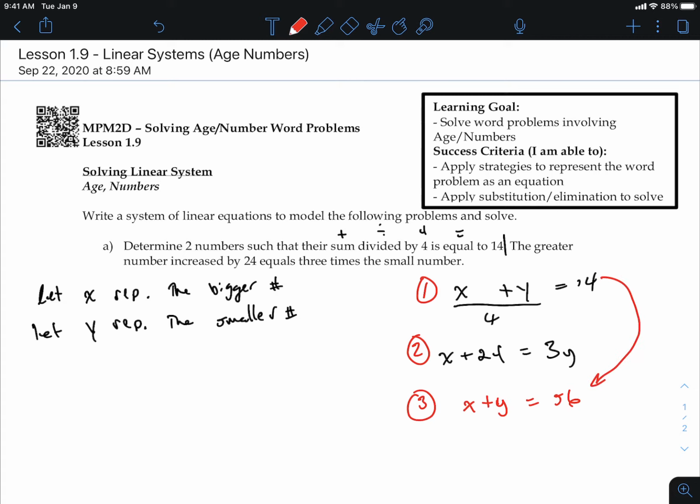All I did, I'll write it down just so we know what's happened. I brought the 4 up and multiplied both sides by 4. That turned into 56. Is that okay? Can I get rid of that? It's just bugging me. I just want to write 56.